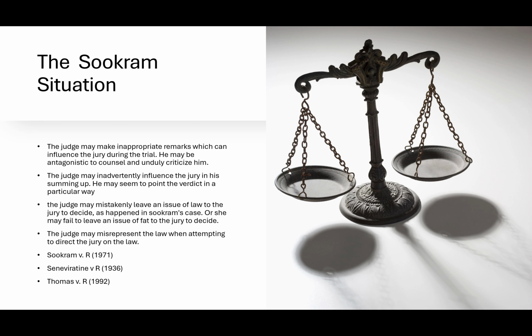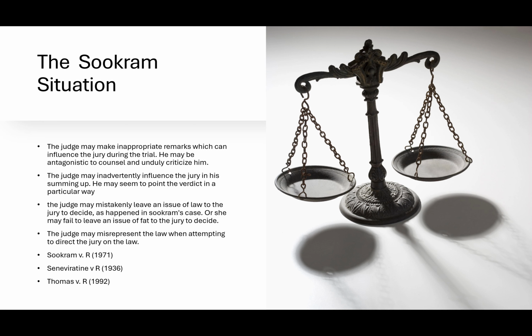The judge may mistakenly leave an issue of law to the jury to decide, as happened in Sukram's case, or he may fail to leave an issue of fact to the jury to decide. It should be fact. Stuff like that can happen, and the judge may misrepresent the law while attempting to direct the jury on the law.